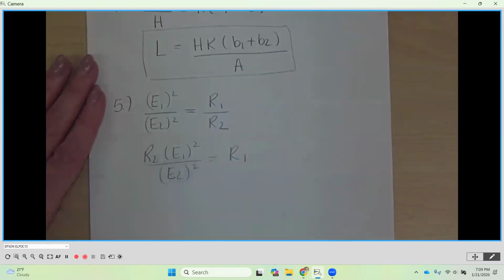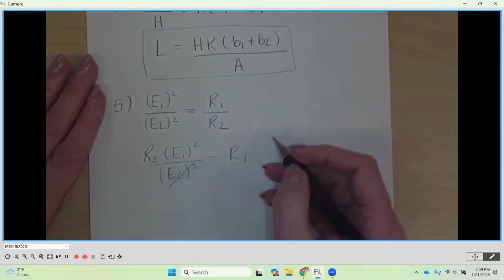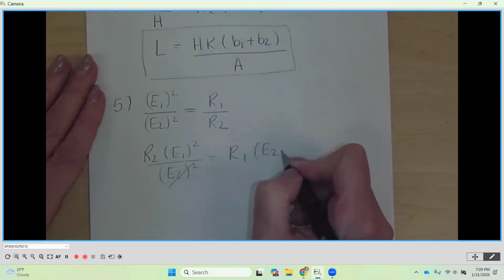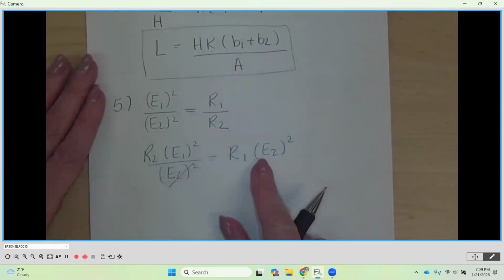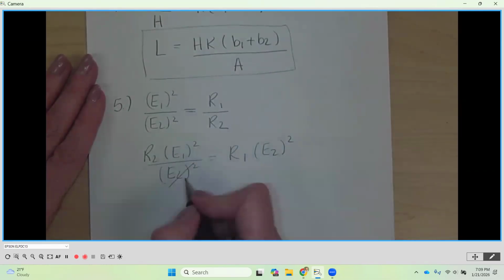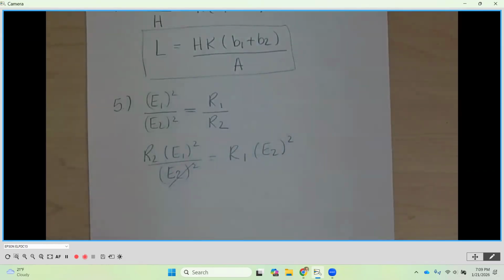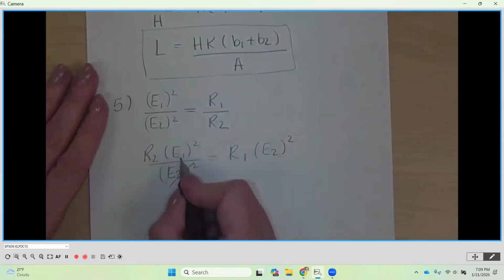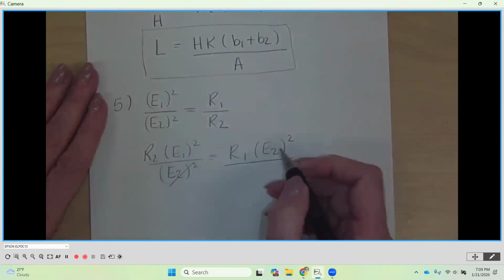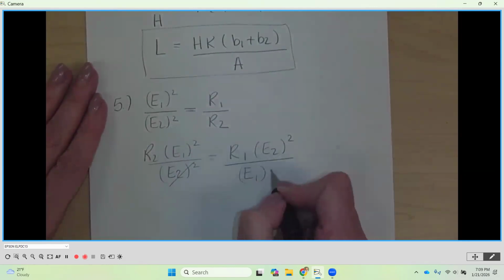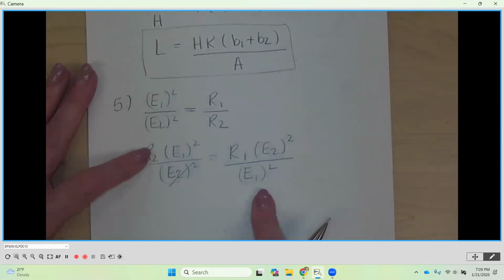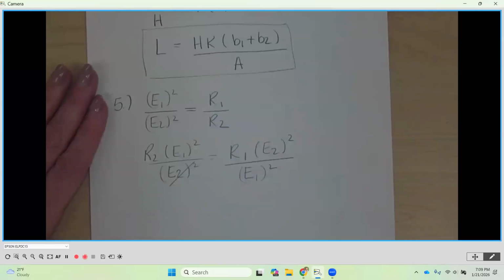And then now I'm going to do that crossing out. E2 squared is going to go up on top. I don't know if you do this, but if it's divided on one side, I like to say I'm going to do the opposite on the other side. So it'll be multiplied on the other side. This one is multiplied on the left side, so it's going to be divided on the right-hand side. So the E1 squared goes underneath.